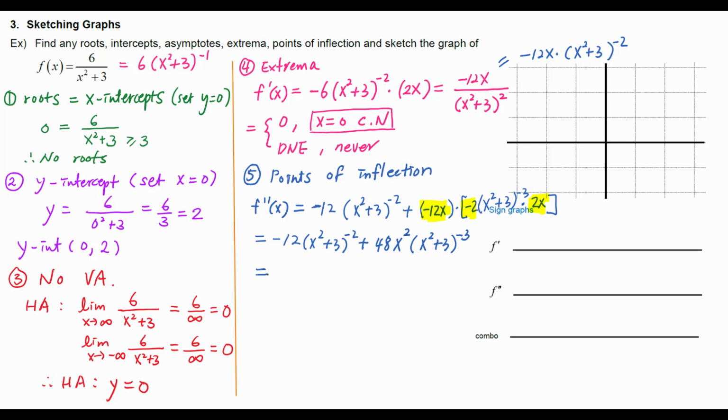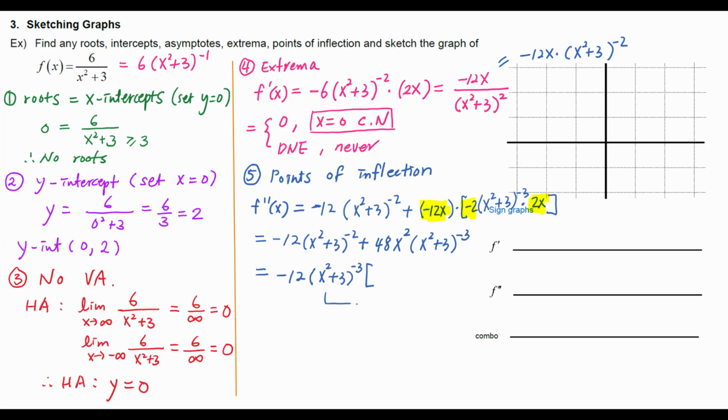I'm going to factor this now to simplify. They both have negative 12 as a common factor. And between quantity x squared plus 3 to the negative second power and quantity x squared plus 3 to the negative third power, which is the smaller power of the two? Yes, negative 3 is smaller than negative 2. So you're going to factor out x squared plus 3 to the negative third power, open bracket.